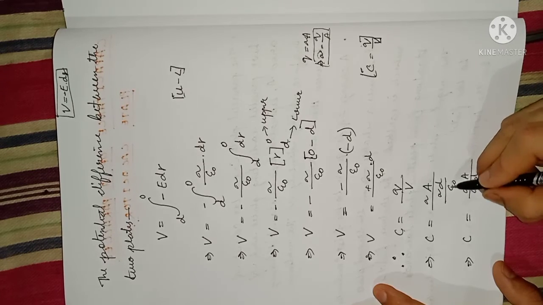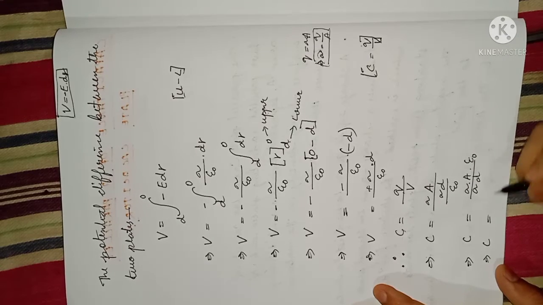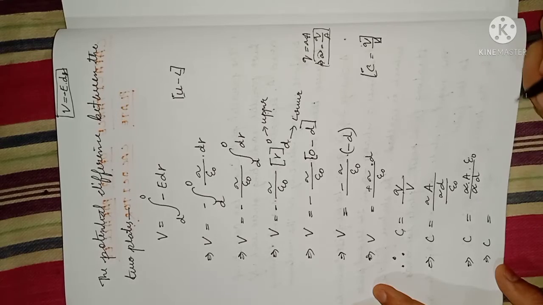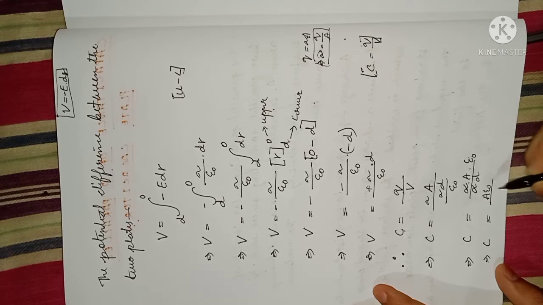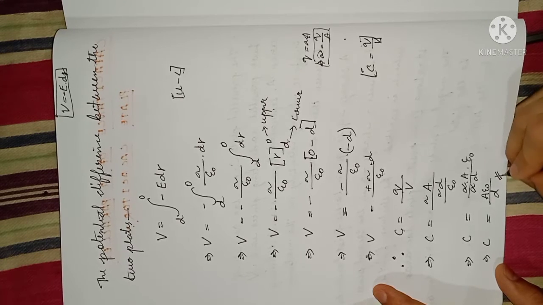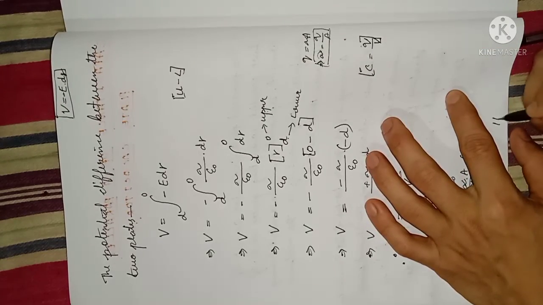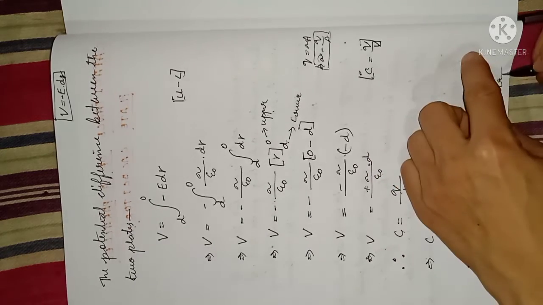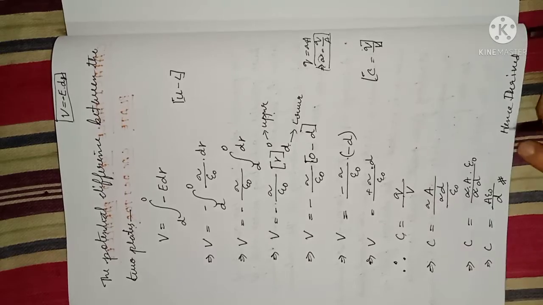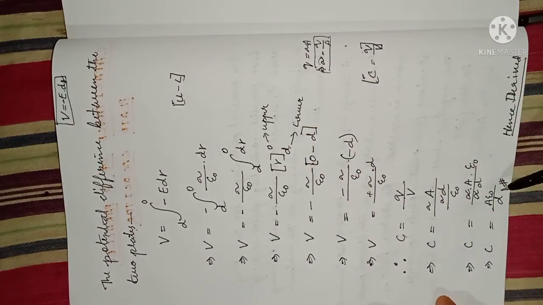This last term will go upside. So sigma and sigma cancel, and what remains is C equal to epsilon naught into A by d. So this is the required proof. Hence derived.